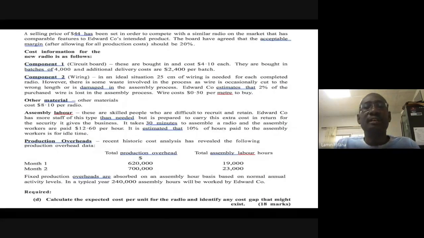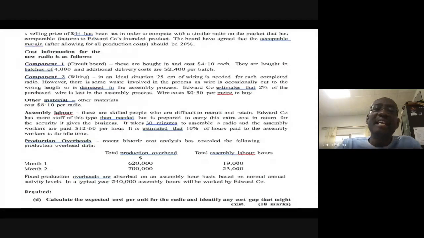There are two things here. The first thing is mentioning the unit that is used, the wiring that is used. The quantity of wire that is used to produce one component. That's 25 centimeters of wiring needed for each completed radio.